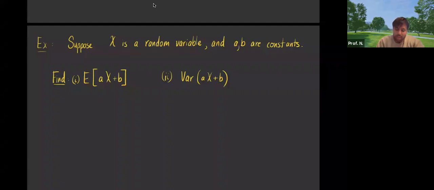The same way we start with y equals x, right? That's one function. And then we can say y equals 3x plus 2. It's another function. This is the same idea.